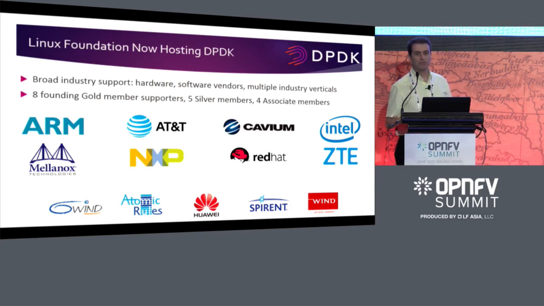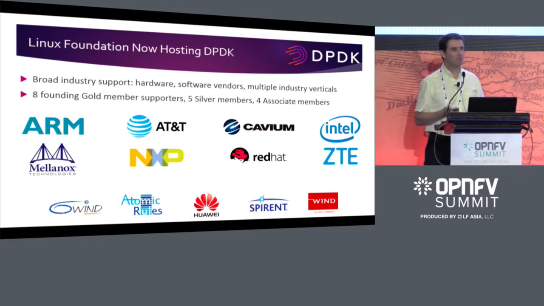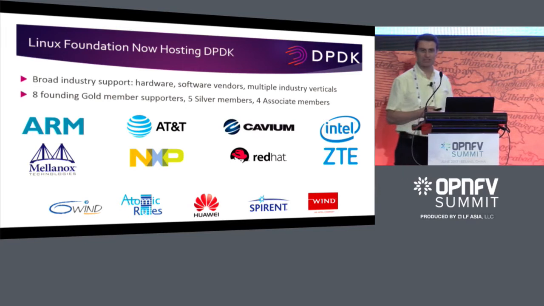So we have a set of project members now who are very representative of the kind of industry interest in and usage of DPDK. You can see there are a set of hardware, but I guess I should explain. So the top 8 logos are the gold members, or the top membership level for the project. There is actually a 9th one, but that 9th one is still going through the approval process to be able to use their name publicly. So I can't mention who it is, but there are actually 9.